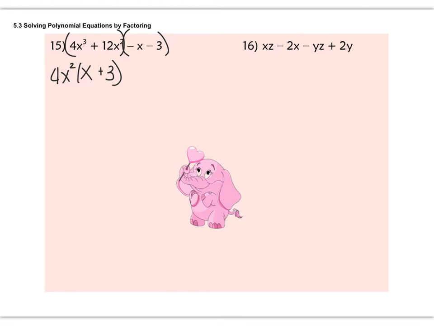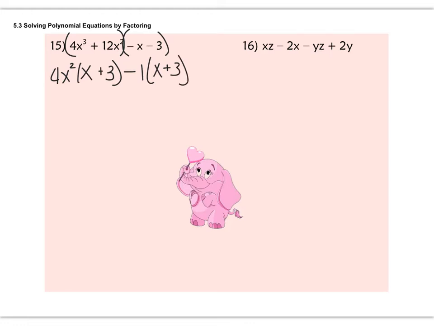So even if nothing goes into it, take out a 1. In this case, I'll do negative 1 since the first one's negative. But if you have to write plus 1, then write a plus 1, because we have to have something. Taking out that negative, we'll change that to a positive x plus 3.